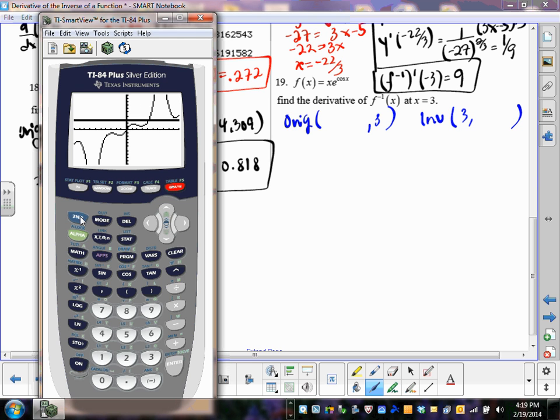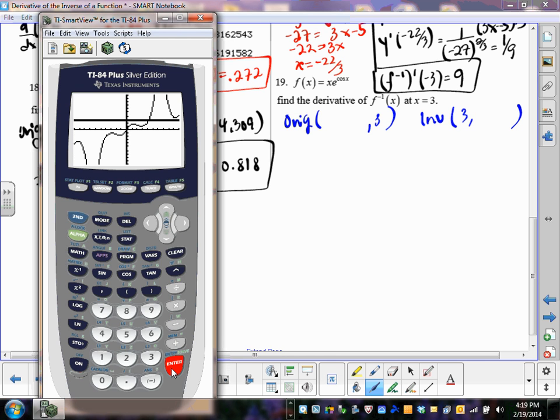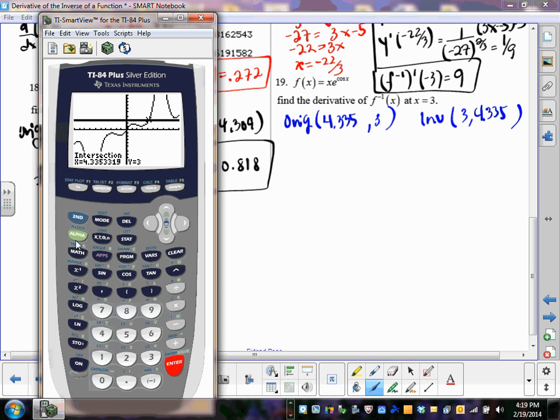So I'm going to clear this out. I'm going to double check. If you ever bump your graph, so I found the intersection, if I bump over it all, then the x value that I'm on is the x value that it knows. So I have to be careful not to bump the graph. So after I find the intersection, it's probably in my best interest to make sure when I quit that I have the correct value stored.